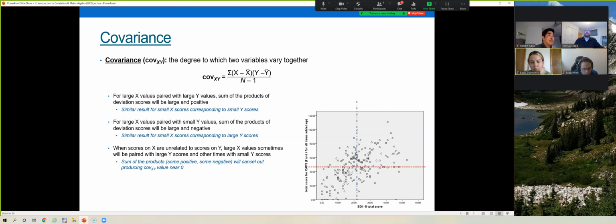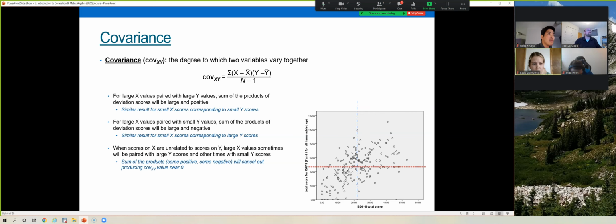Okay, but let's say I've got a different scenario. In this case, if x and y are unrelated, sometimes I'm going to have large x values paired with large y values, and sometimes they're going to be paired with small y values. And sometimes I'm going to have large y values that are associated with large x values, and sometimes they're going to be associated with small y values.